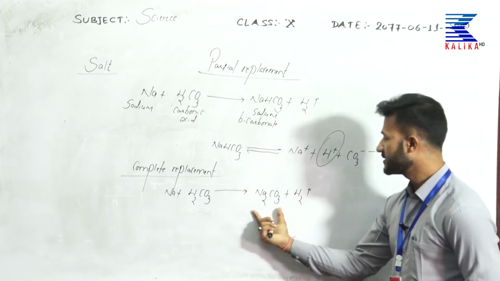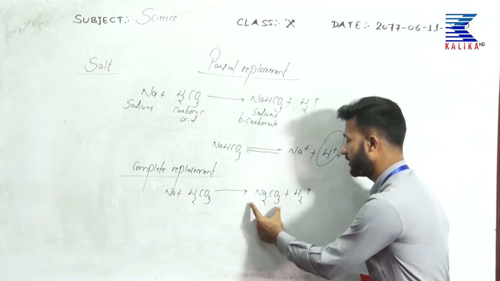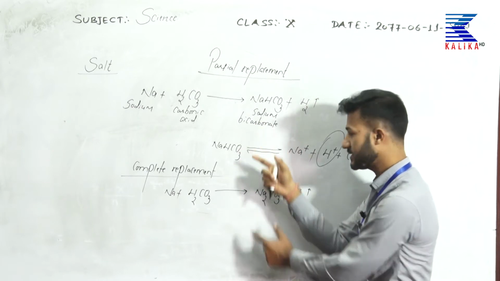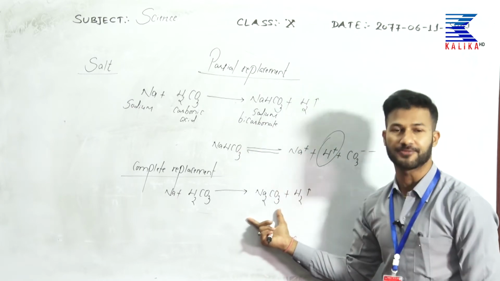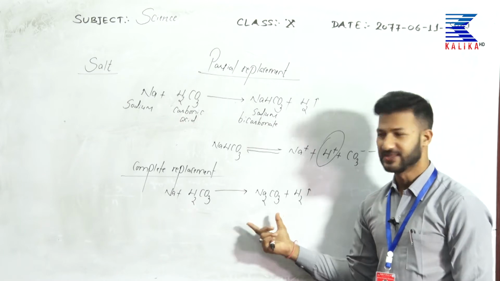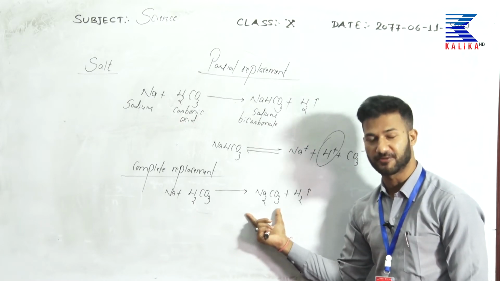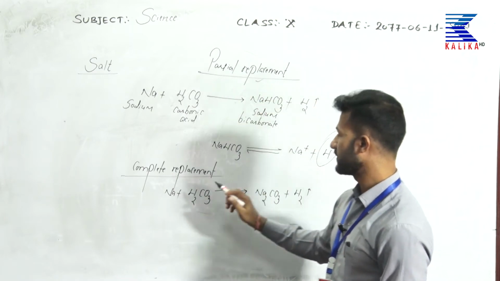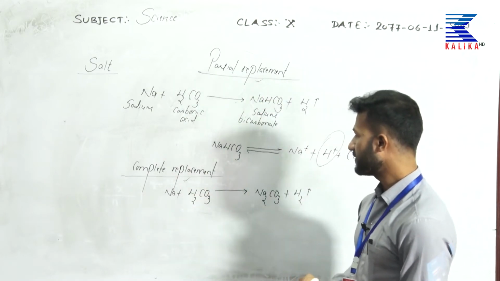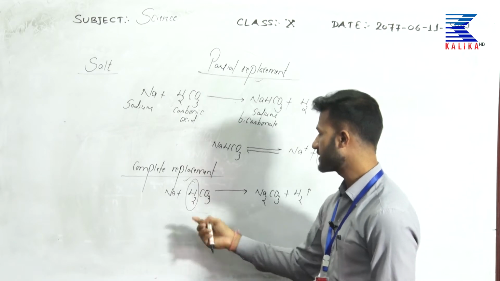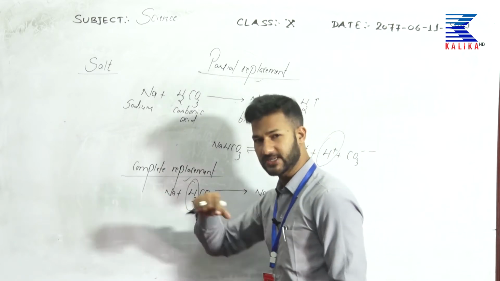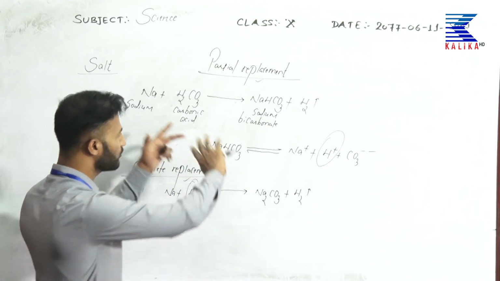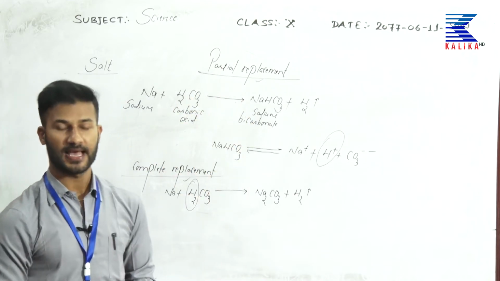This is a bit different, because in this case sodium carbonate is formed, whereas before it was sodium bicarbonate, meaning hydrogen is completely replaced here. This is how sodium carbonate is formed, meaning salt is formed. So salt is formed either by the partial replacement or by the complete replacement of hydrogen atoms of acid by metal or ammonium radical. So this is how we get salt in the lab.